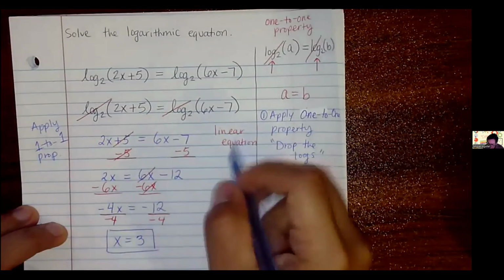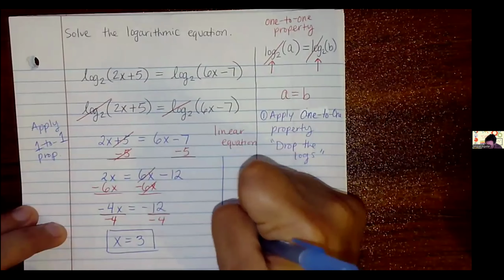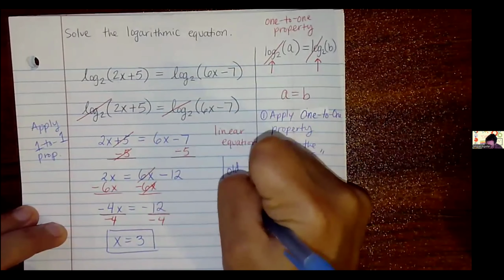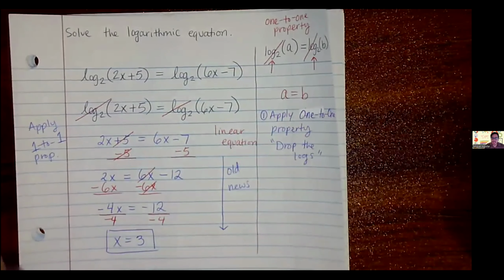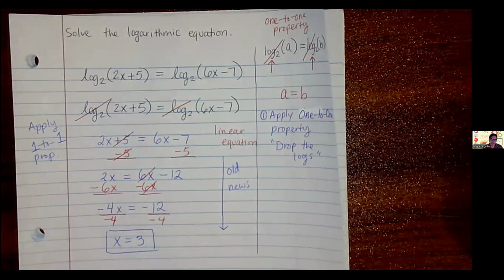But like that linear equation stuff, all the way to the end, this is old news, right? What I noticed after teaching this for a really long time is that as we get to the harder things, students forget some of the older things, and then they start overcomplicating the stuff that should be easy.